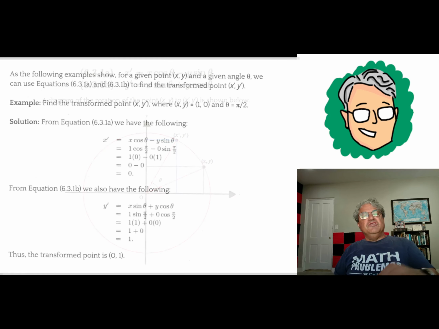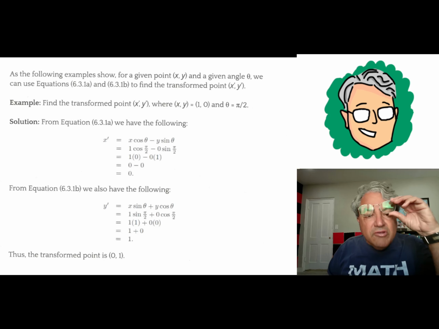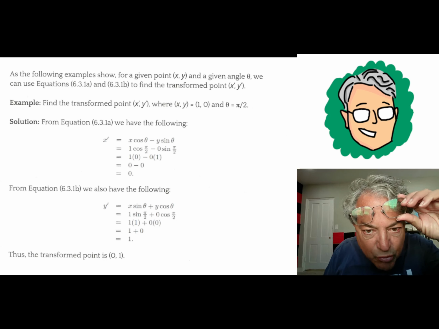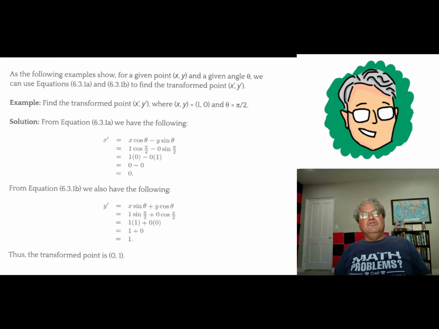It's good to be able to apply these formulas, so then you know how to transform coordinates of rotated points. In the first example, we start with the point 1 comma 0, and we're going to rotate by an angle of pi over 2 radians, that's 90 degrees. We want to see how the point 1 comma 0 transforms when we rotate it 90 degrees counterclockwise.